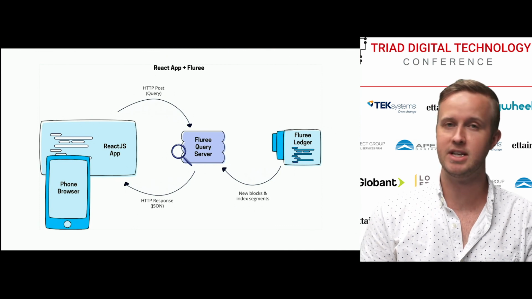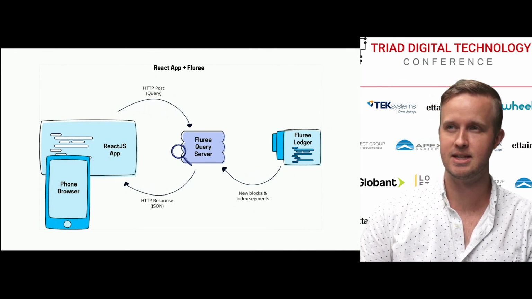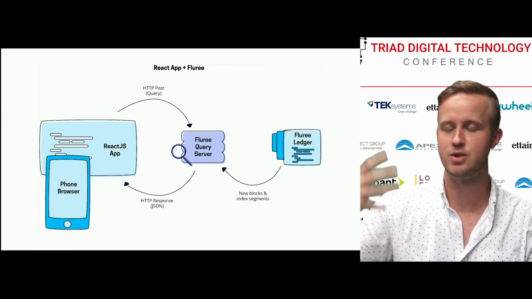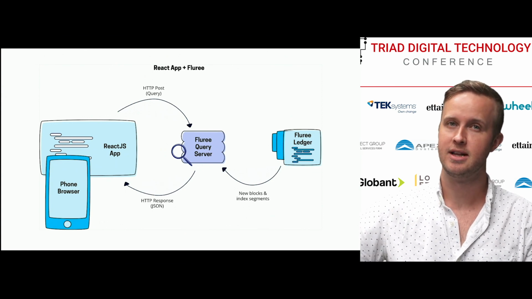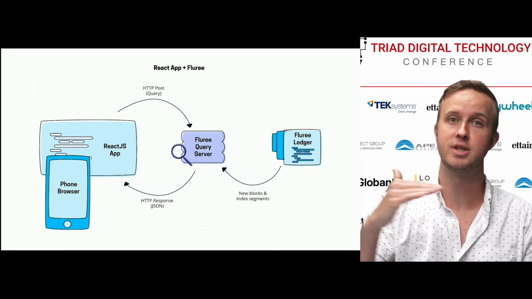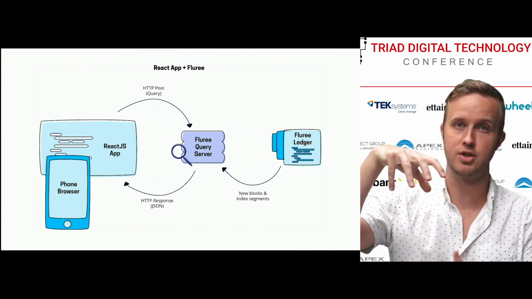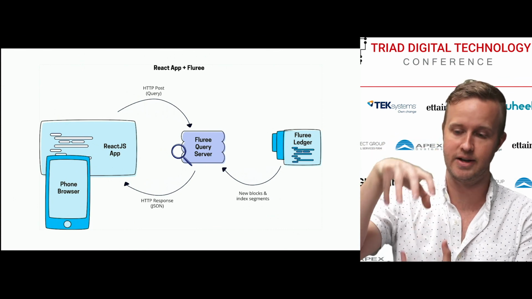This is essentially the most basic way you would run Fluree. The addition, however, of the ledger means that for the query peer server, or in GraphQL, that Apollo server layer, every single time a new block gets written to the ledger, that ledger is pushing out the newest block state, the newest index segments of that block state, to the query peer server. So the query peer server is going to always have the most immediate database state available to it.